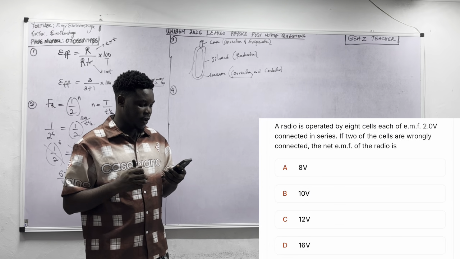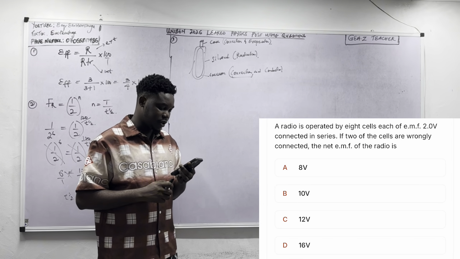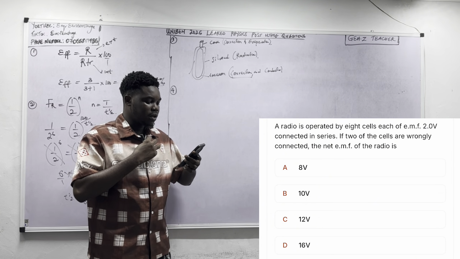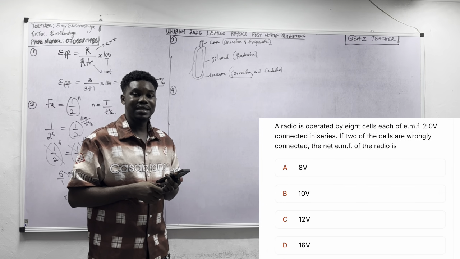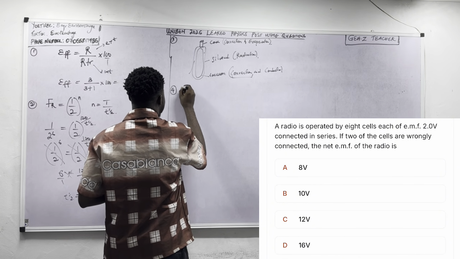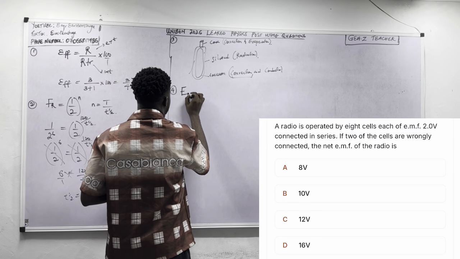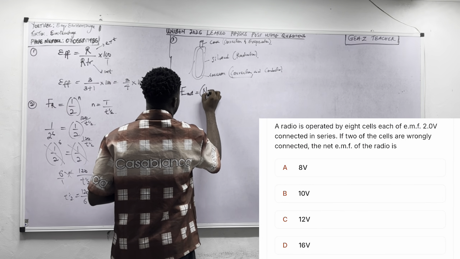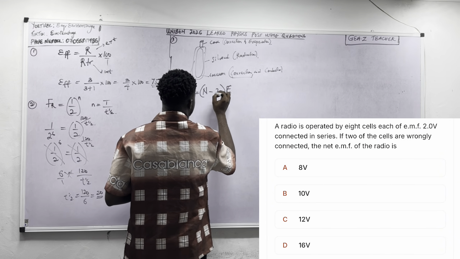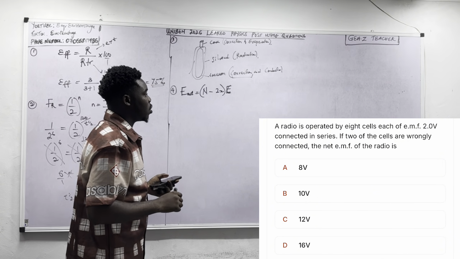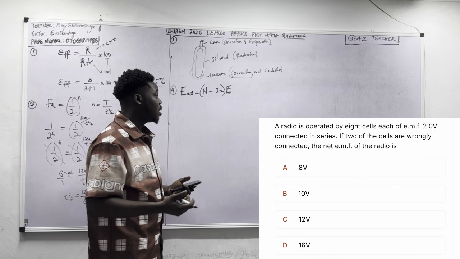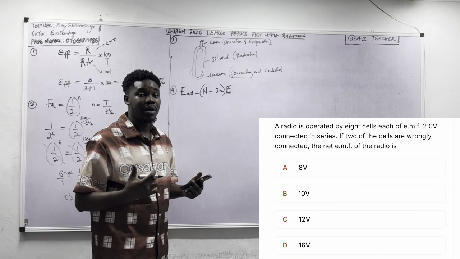Number 4 says, a radio is operated by 8 cells, each of EMF 2 volts, arranged in series. If 2 of the cells are arranged wrongly, find the net EMF. I'll give you a formula to apply for cases like this. The net EMF is equal to (N minus 2x) all times E, where capital N is the total number of cells given, and x is the number of cells arranged wrongly.